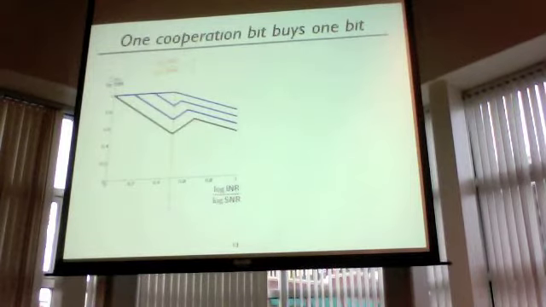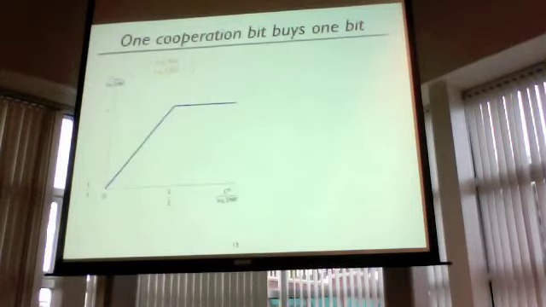First, at this point where log INR over log SNR equals 1/2, I'm going to plot again our performance measure, the generalized degrees of freedom, versus the cooperation capacity, CB over log SNR. From this plot, you can see that until saturation, the slope equals 1, which implies that one cooperation bit buys one more bit for the users.